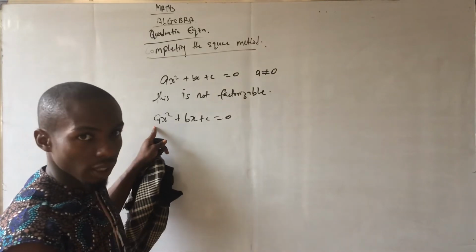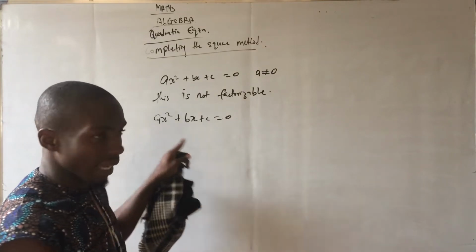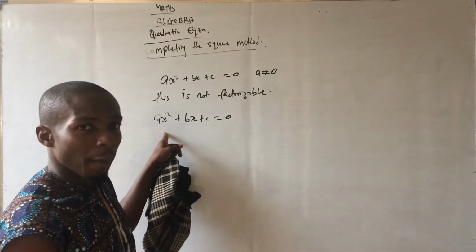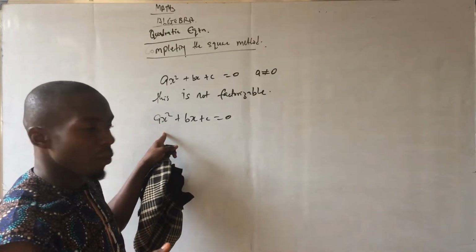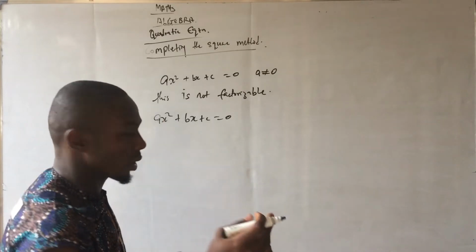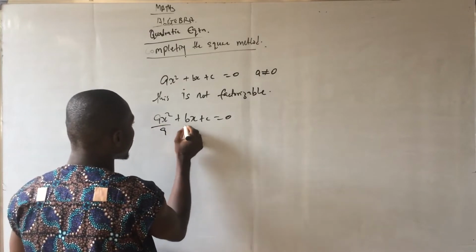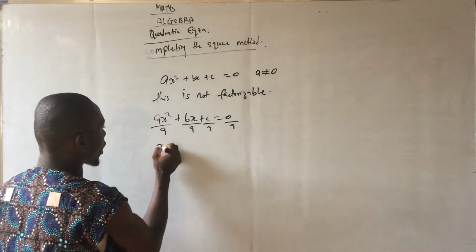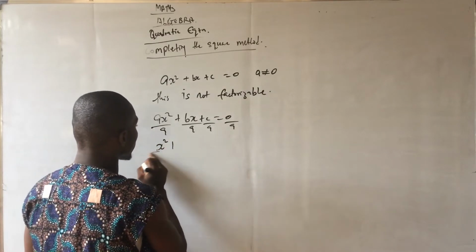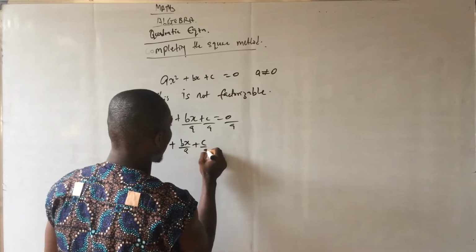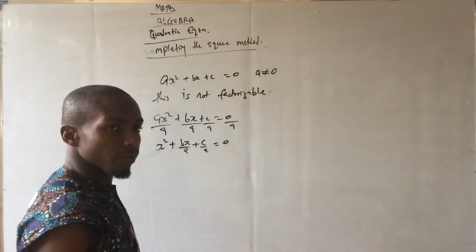Since a is not equal to 0, and the key variable here is x raised to the power 2, because that is what makes it a quadratic equation, you divide all through by a. So we now have x squared plus bx over a plus c over a equal to 0.